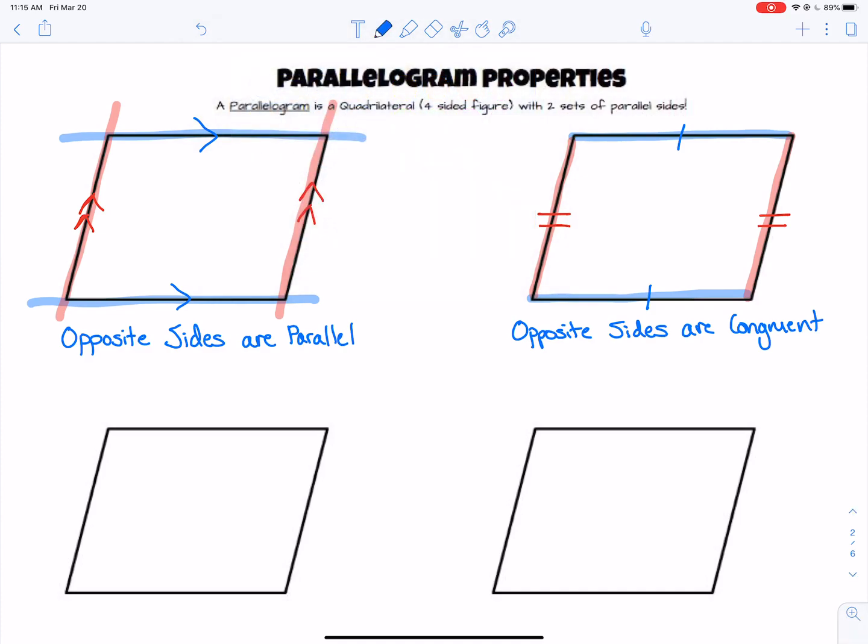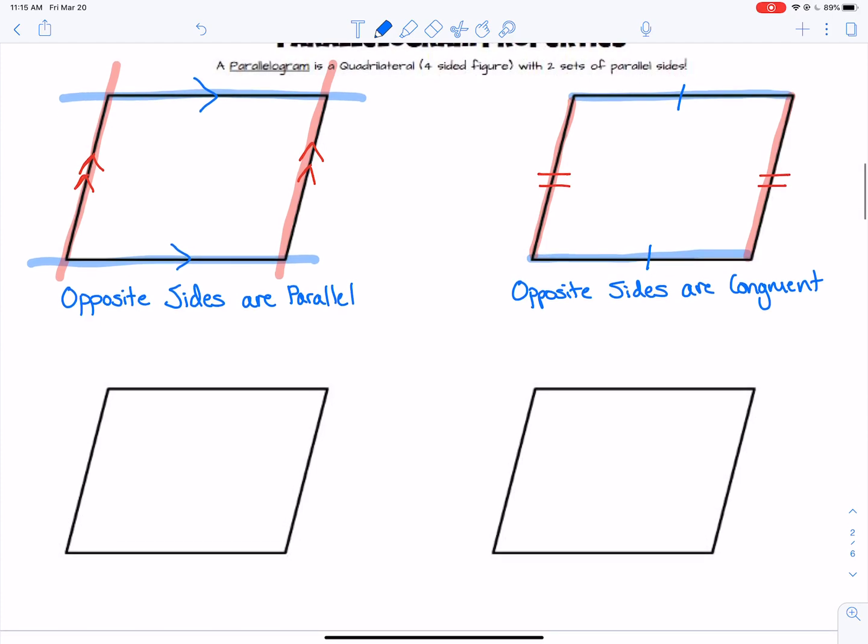We have opposite angles are congruent. Write that down. Okay, so that would look like opposite angles would be this angle, and the one opposite is across the parallelogram.